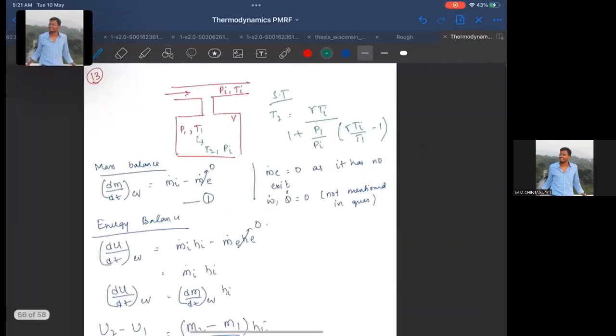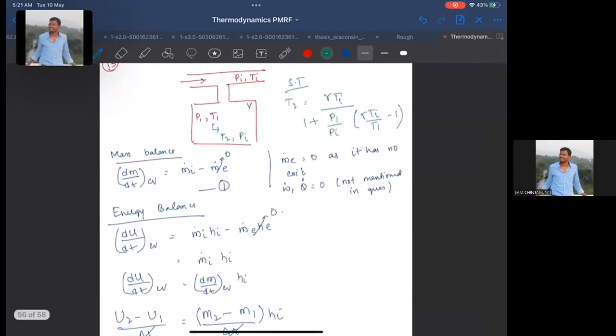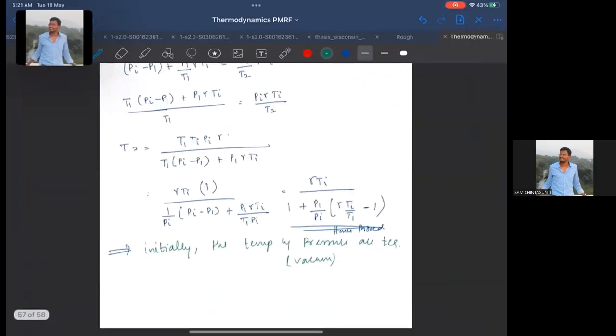Then what happens is P1 is equal to 0, this implies T2 is equal to gamma Ti. So this is a very interesting observation. It can be asked sometimes in 1 mark questions as well.